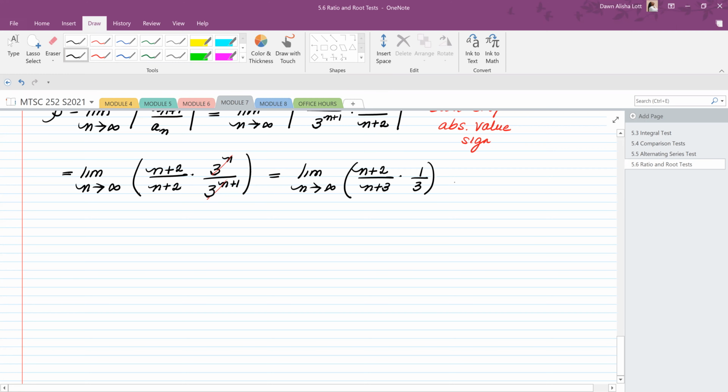And so when I take the limit, n plus 2 over n plus 3, the limit of that is just 1 times 1/3. That's equal to 1/3, which is less than 1. So therefore, this series converges absolutely.